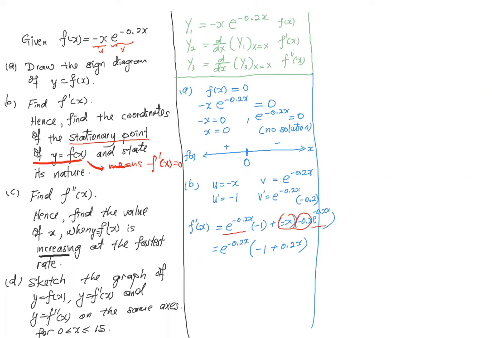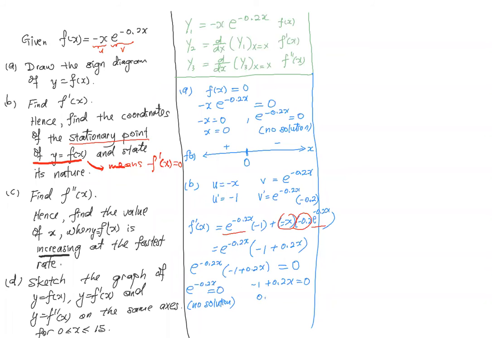So e to the power -0.2x times -1 plus 0.2x equal to 0. So e to the power -0.2x equal to 0, this is no solution or impossible. So -1 plus 0.2x equal to 0.